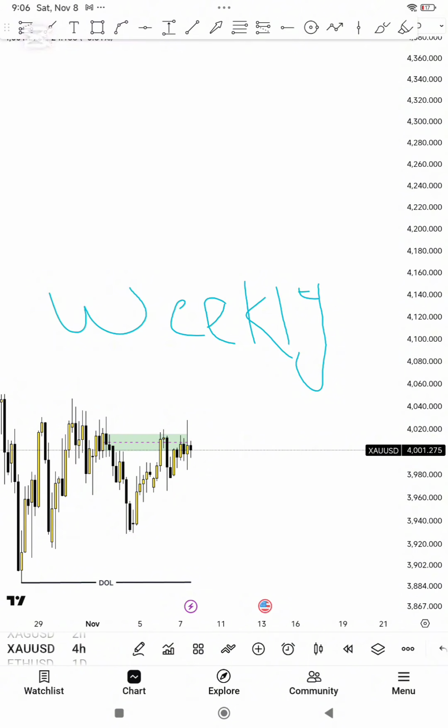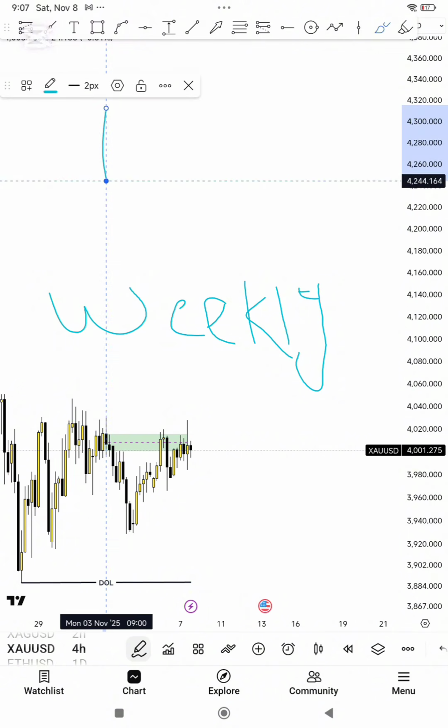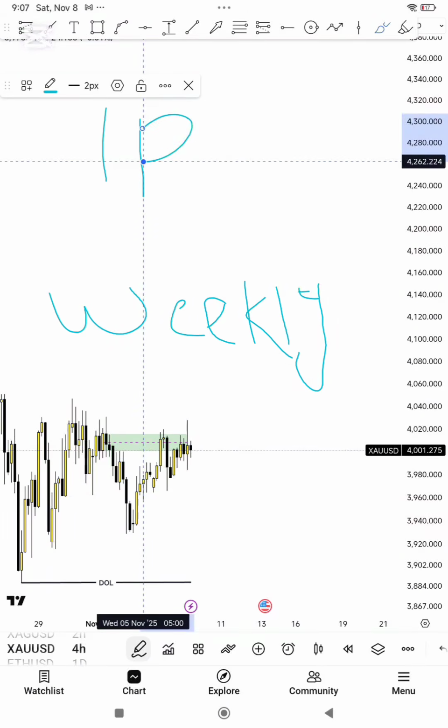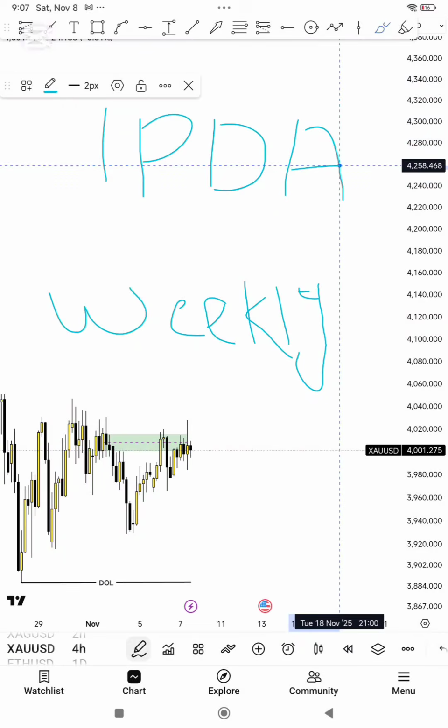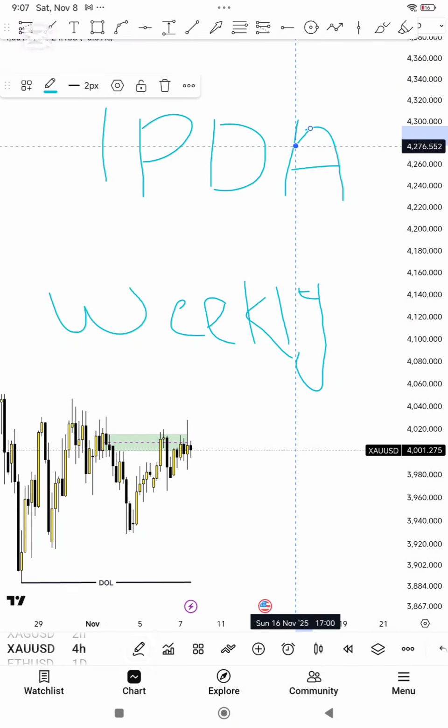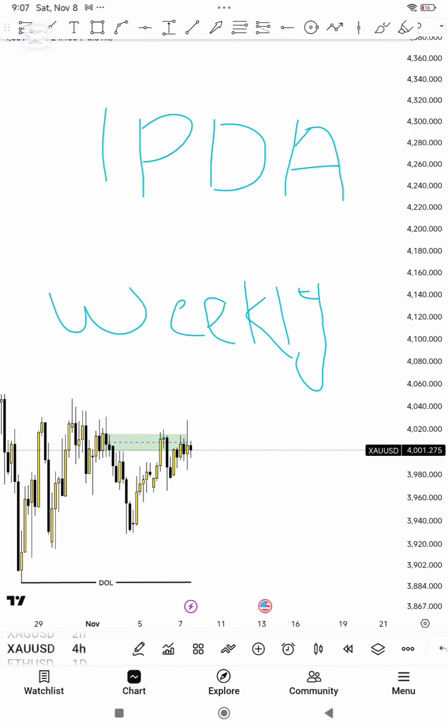Okay, so before we dive into the weekly candle, we first need to understand how price actually delivers. Let me introduce you to something called IPDA. All right, IPDA.